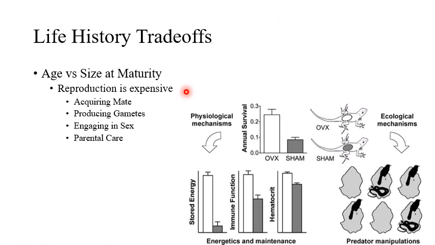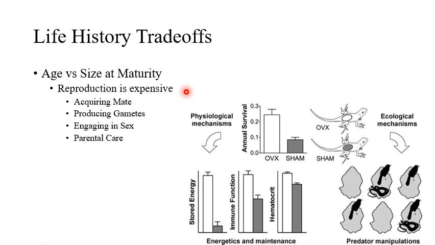You have to acquire a mate, which requires you to go out and find them, which increases your risk of predation. You have to produce the actual gametes. Everybody says sperm are cheap, but if you produce millions of them, they become expensive, right? Eggs are expensive, obviously, because they're big old honking cells. And then also any kind of parental care that you engage in afterwards.